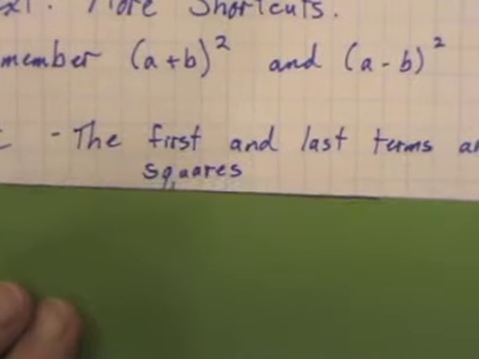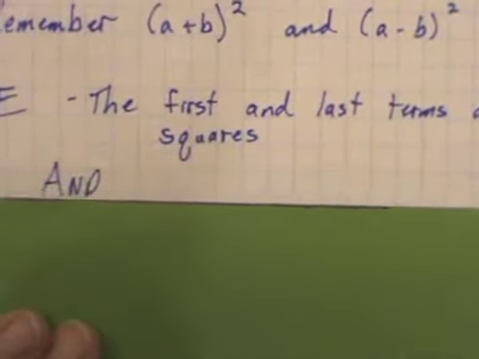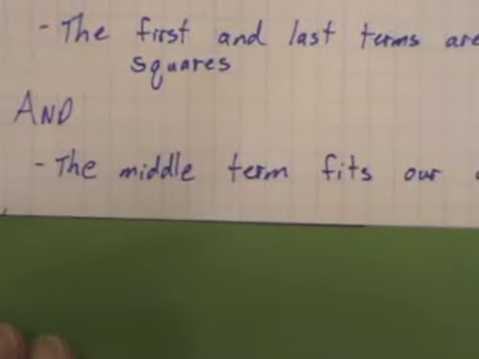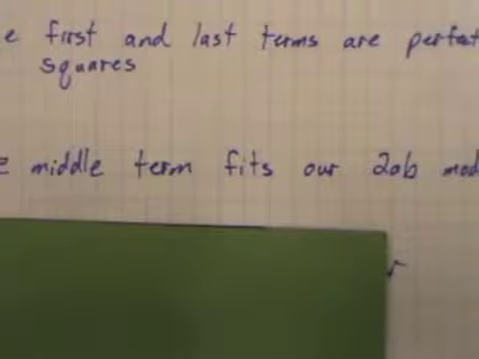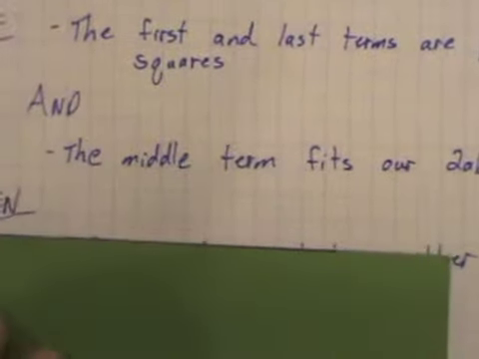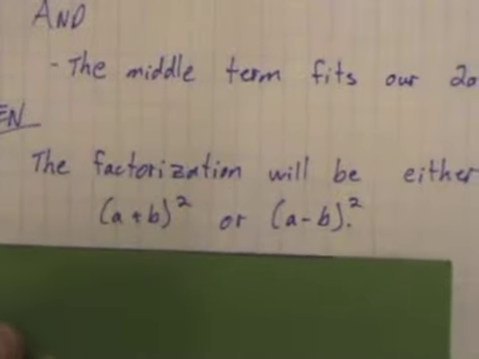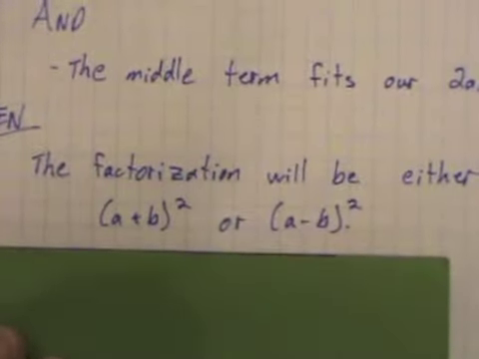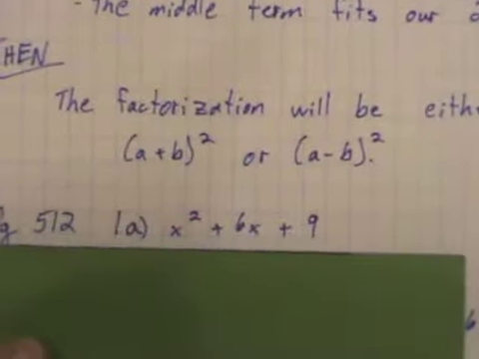So if the first and last terms of your polynomial are squares and the middle term, remember we had that 2ab nonsense, then your polynomial will factor into either a plus b quantity squared or a minus b quantity squared. Let's go through this a few times.